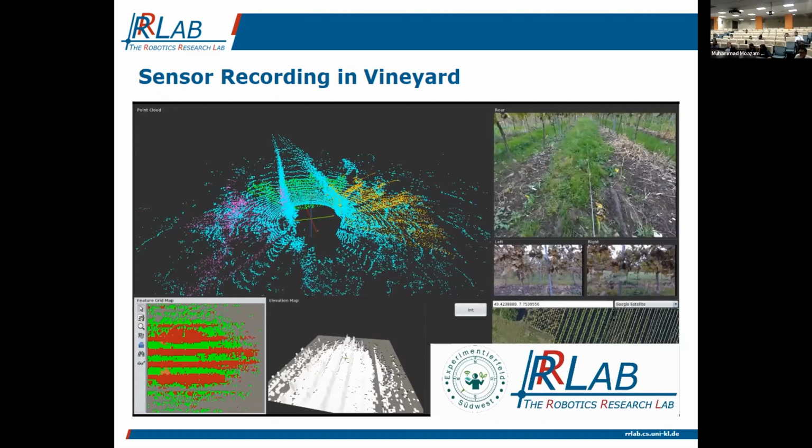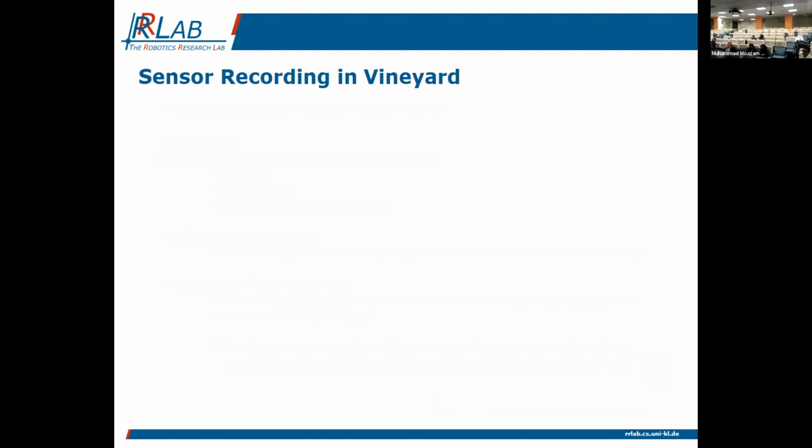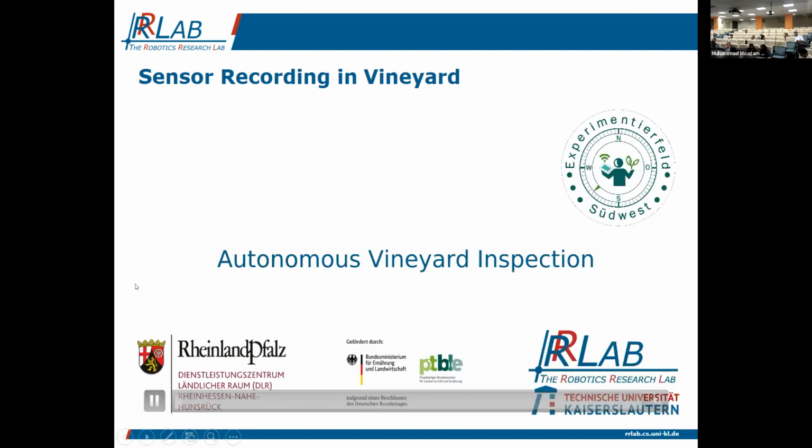The front camera you see here in the upper right image, and in the middle left and right image you see the foliage and the grapes of the vineyard itself, and beneath that you see the OpenStreetMap, so the GPS signal, and here you see a 2.5D graphic of the surface the robot is driving.